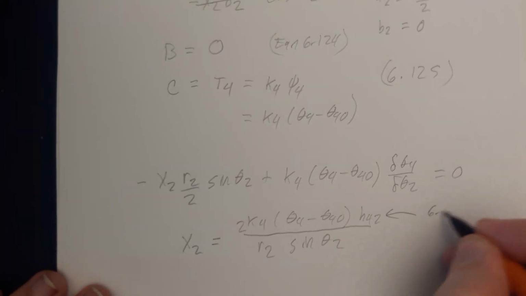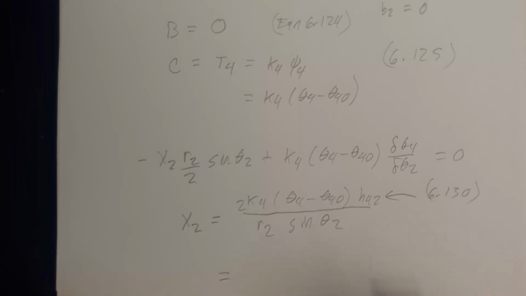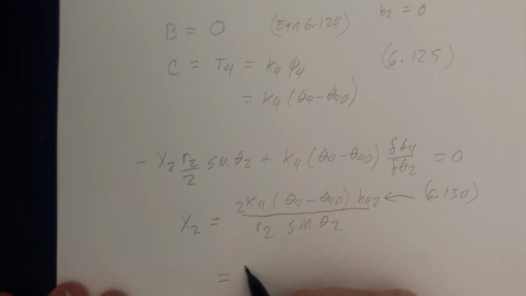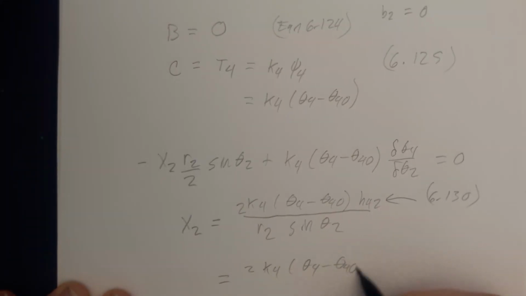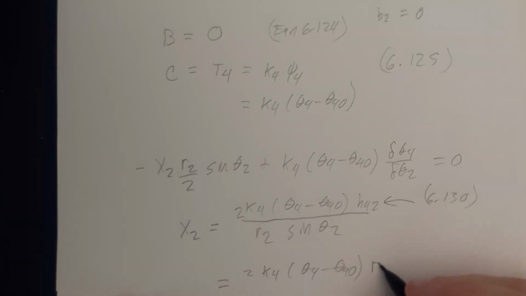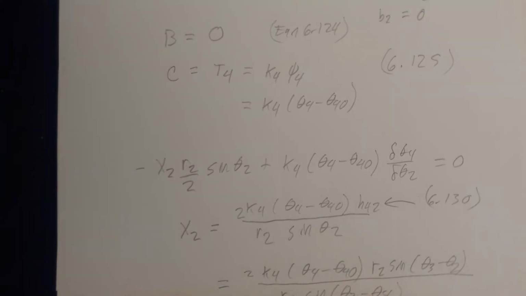So we can use 6.30 right there to substitute for h42, and that'll give us 2 k4 (theta 4 minus theta 4 naught), and then we'll have r2 sine (theta 3 minus theta 2) equals r4 sine (theta 3 minus theta 4), and oops, we had an r2 sine theta 2 as well.